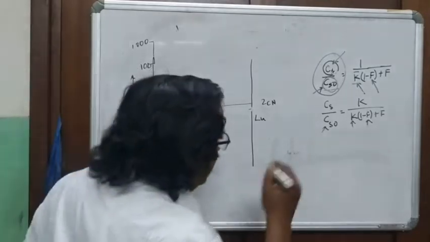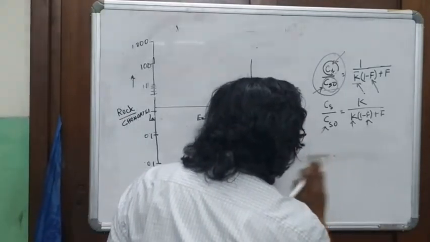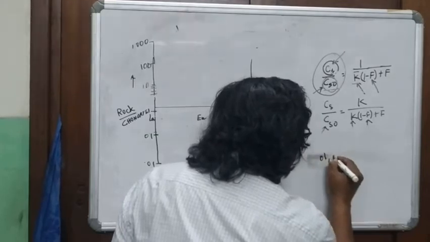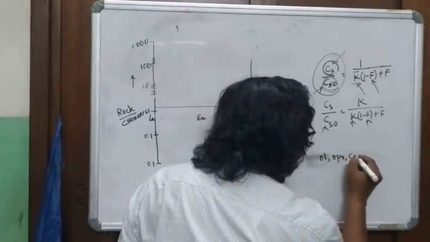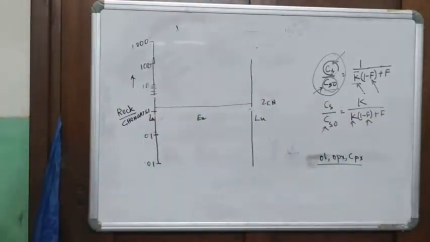Now let's say my rock contains olivine, orthopyroxene, clinopyroxene. Now, I have already shown you the partition coefficient values.